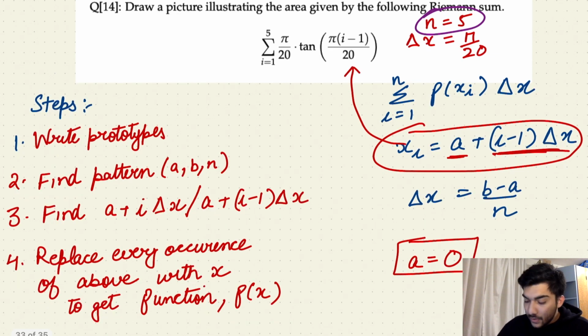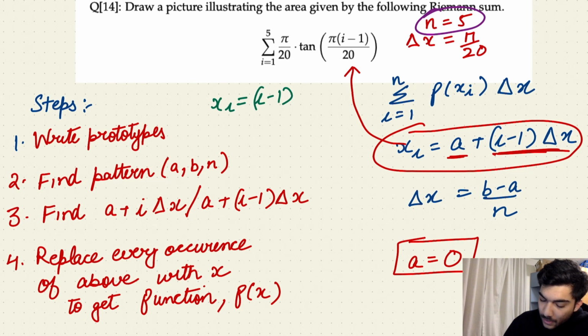Now my last step is to replace every occurrence of a plus (i minus 1) delta x and change it to x in order to get my f(x). I clearly see that in my case a is equal to 0, and my x_i will then become (i minus 1) times delta x, where delta x is pi by 20, which is again this expression.